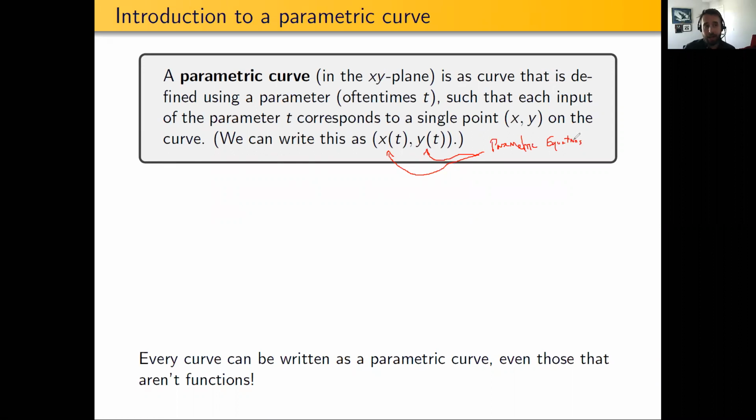Okay, and it is a fact that we'll demonstrate here that every sort of standard curve that we think about or talk about or can draw can be written as a parametric curve, and that includes curves that are typically functions as well as those that are not functions. So let's see just sort of a silly example of this. If I wanted to draw a function, right?